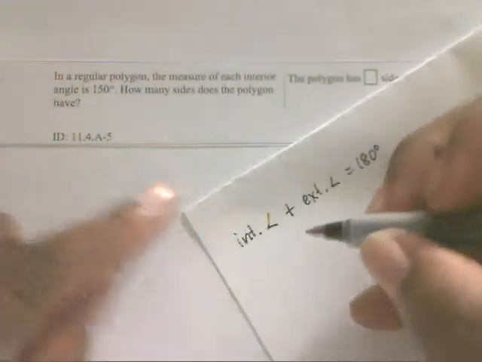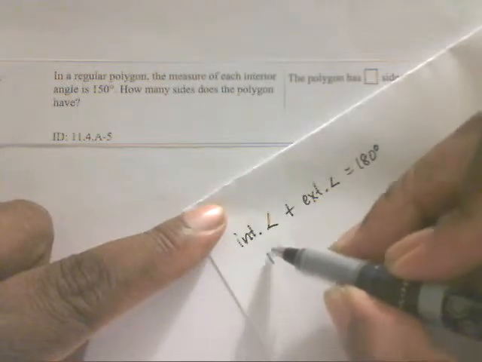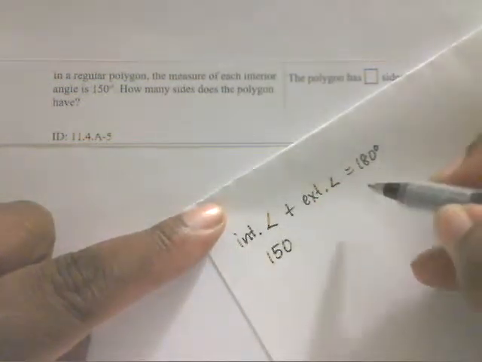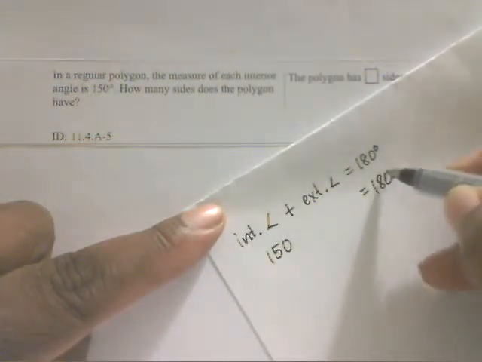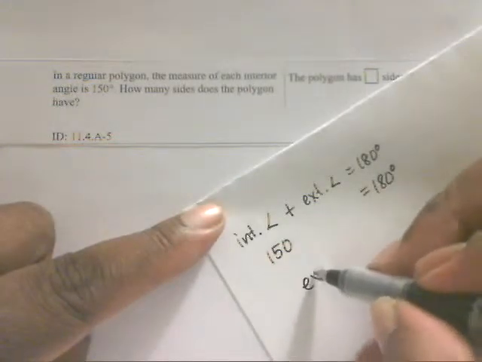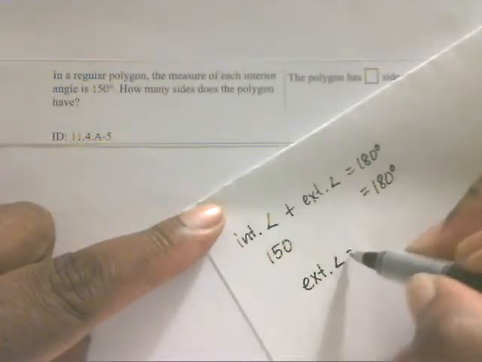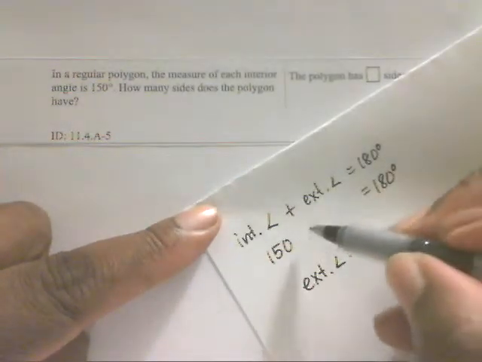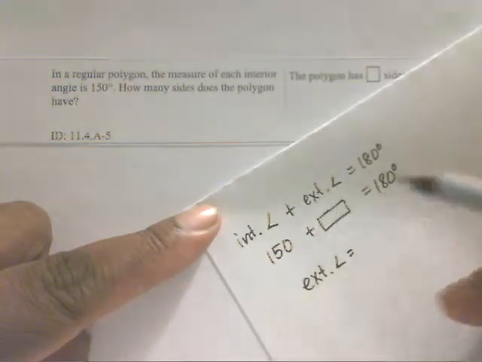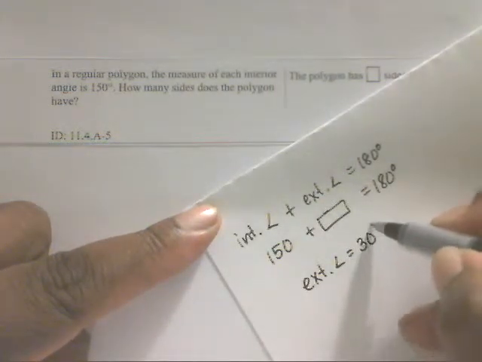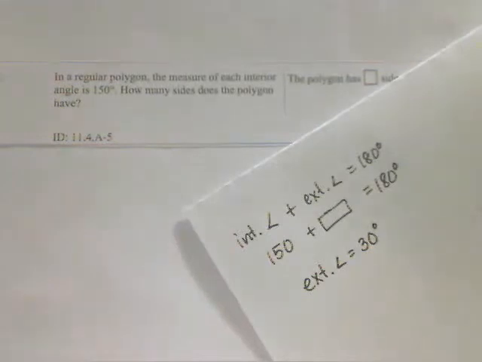So in this case here, the interior is 150 degrees. That exterior angle must equal, well, what's this missing angle that we're looking for? That's 30 degrees. So the exterior angle is 30 degrees. So for each exterior angle in a regular polygon, it's 30 degrees.